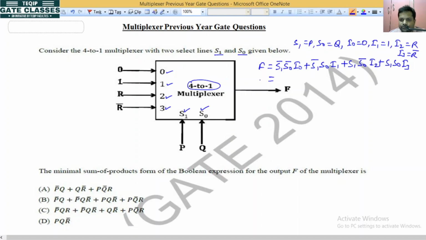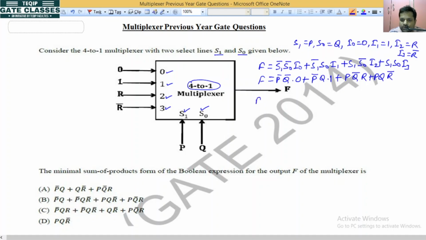Put all these values in this equation. We have F equal to S1 bar, which means P bar, S0 bar means Q bar, I0 is 0, so it will be 0, plus P bar Q, I1 is 1, so it is 1, plus P Q bar, I2 is R, plus S1 S0 I3, that is P Q R bar.